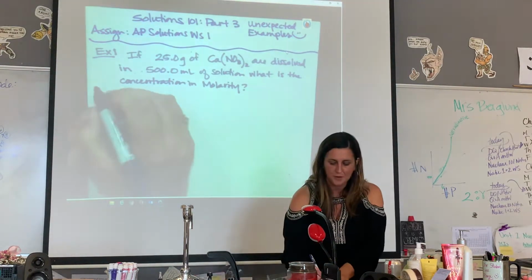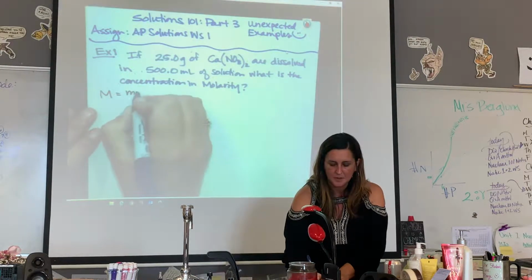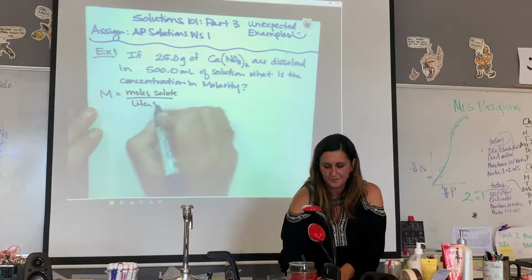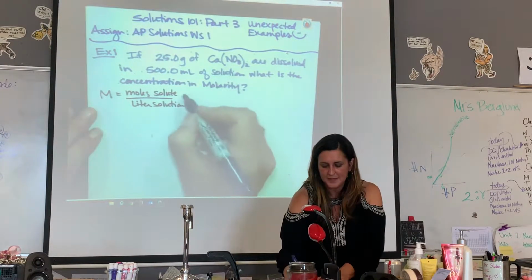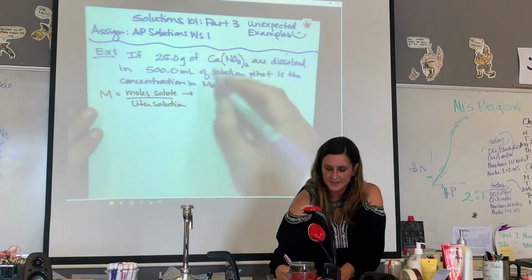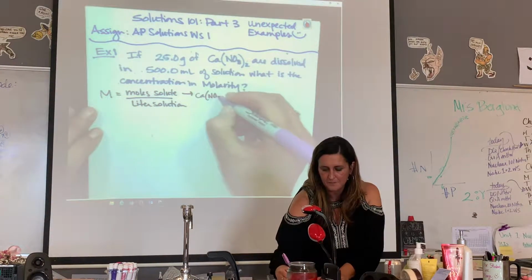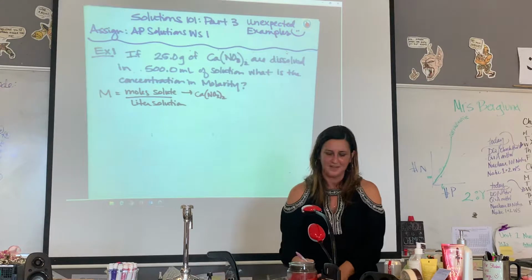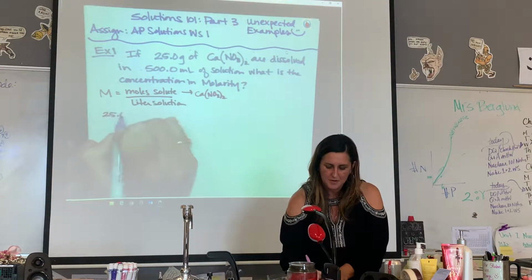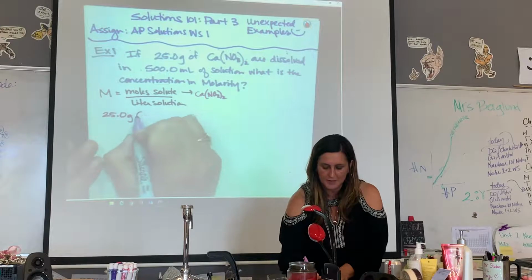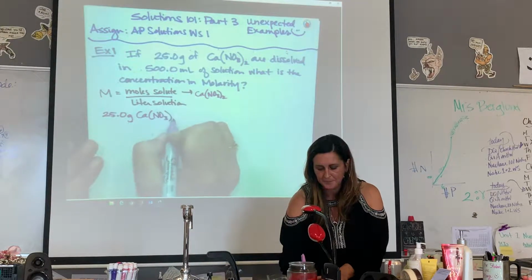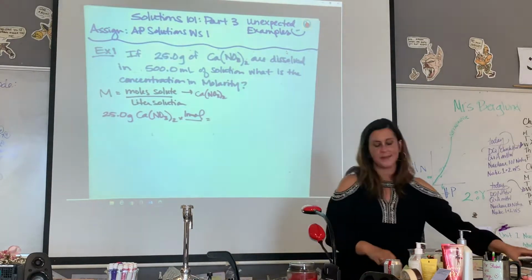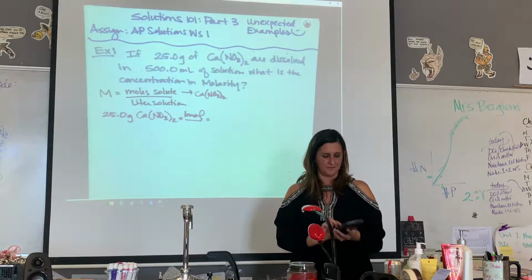So we're going to go back to our equation. Molarity equals moles of solute per liter of solution. And we want to identify that our solute here is the calcium nitrate. So what we have to do first, of course, is convert to moles. Our job is to take 25 grams of the calcium nitrate and convert to moles, just to see how many moles we are dissolving.